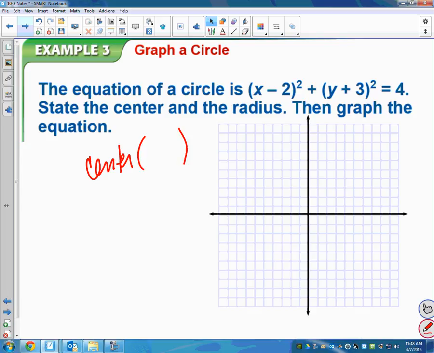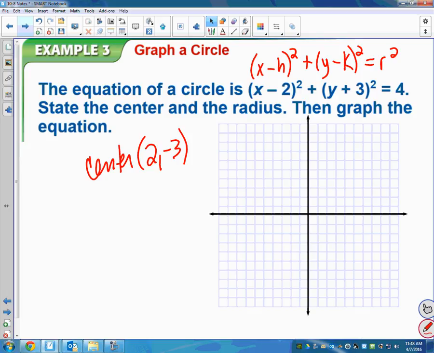Allie says 2, -3. Does anybody disagree with that? It's tricky, right? I agree with you, Allie. Because the formula has a minus in it, most of the time our formulas don't have subtraction signs in it, right?